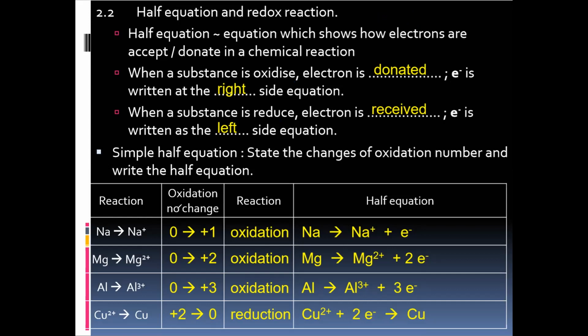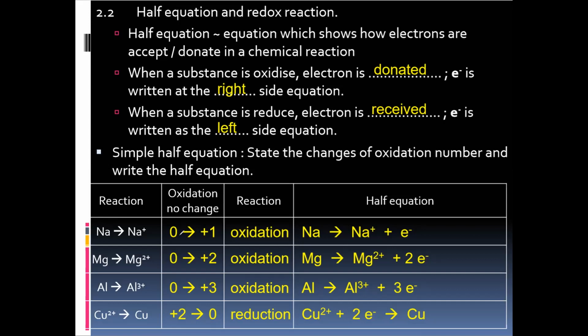Oxidation number change is from sodium. I told you sodium here is a free atom, and every free atom has an oxidation state of 0. So this is moving from 0 to +1. What has occurred here is oxidation.